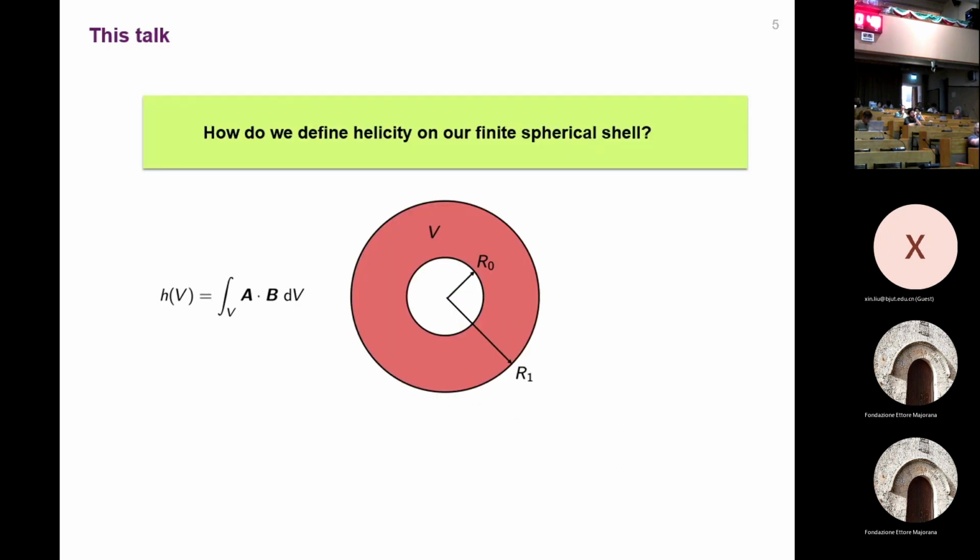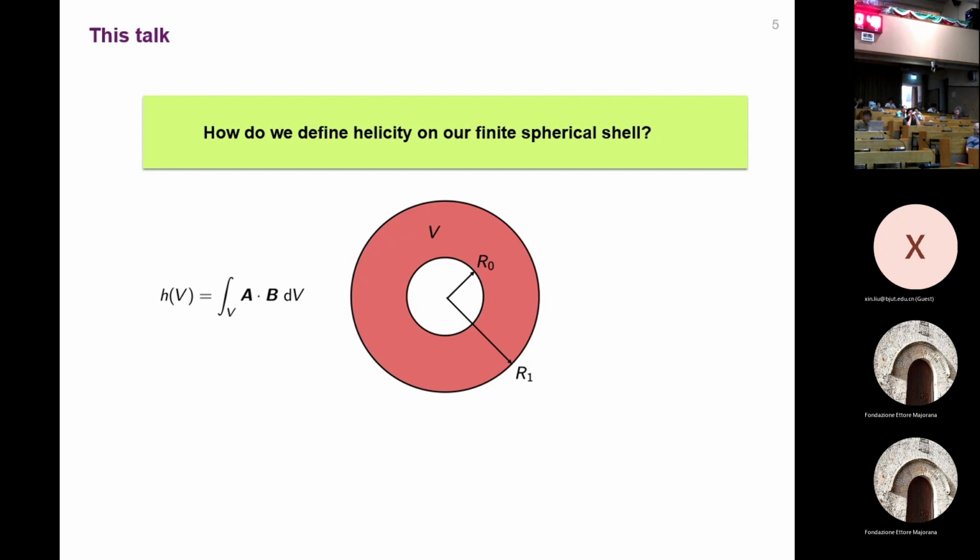The question that I want to address in this talk, I'm not sure I'm going to completely answer it to everyone's satisfaction, but my best thinking on it so far, is how do we define the helicity in our sun case? It's basically a spherical shell, the region between the sun in the middle and some surface on the outside where my calculation stops, or where our observation stops.